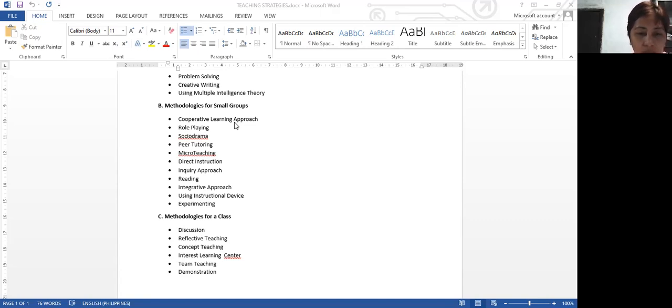So, since one of the purposes of demonstration is to save resources, time, and everything, this should be well planned. Okay, so since there are a lot of observers, the teacher needs to make sure that the one he or she chooses to demonstrate is well prepared so that it will not waste a lot of resources.